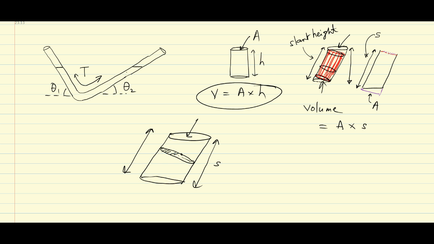So if the cross sectional area is given to be A, then the product of the cross sectional area and the slant height gives me the volume of this particular inclined cylinder.